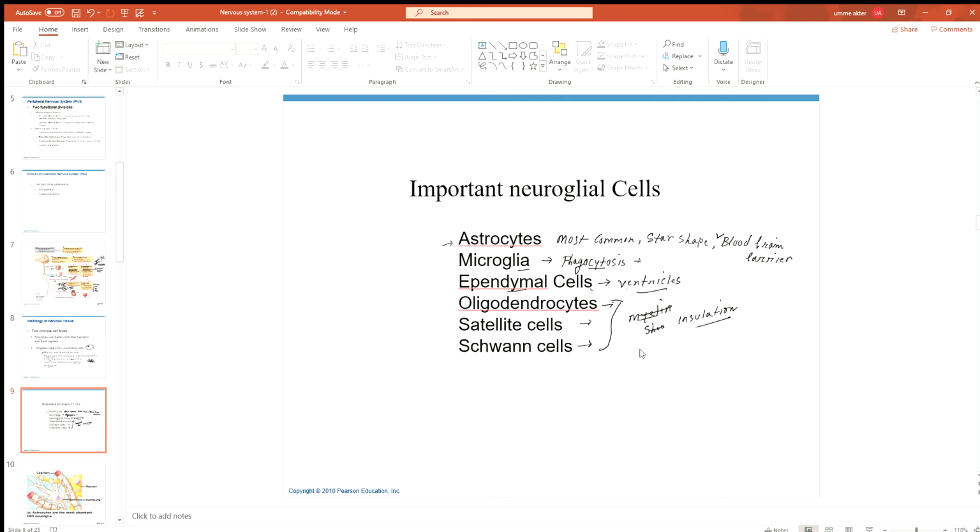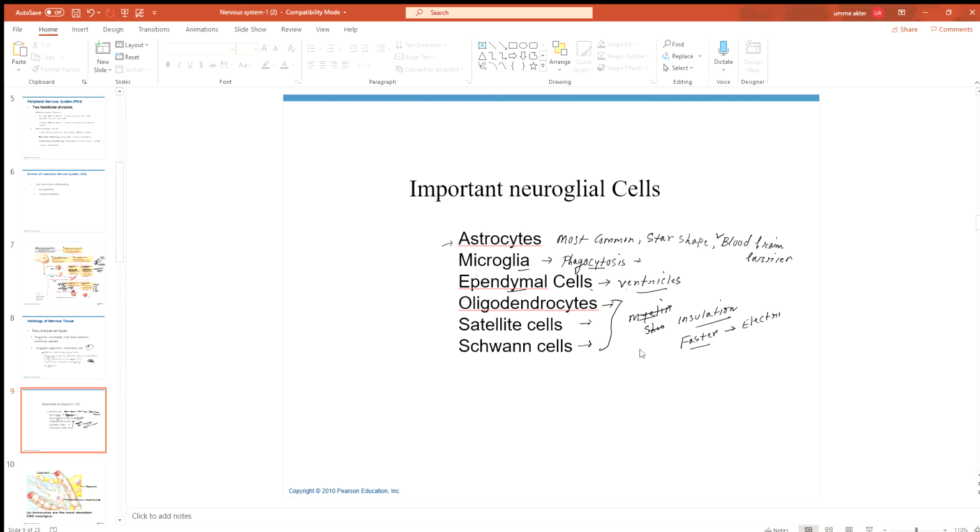Covering the neurons, so the electrical signal transmission will be faster. At your home, you see the electrical wires are covered by an insulator, and that prevents the loss of electricity and makes the electrical signal transmission efficient.